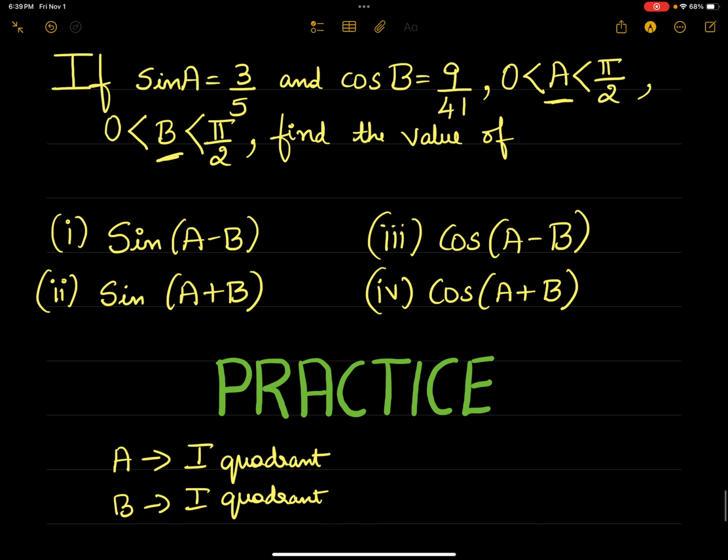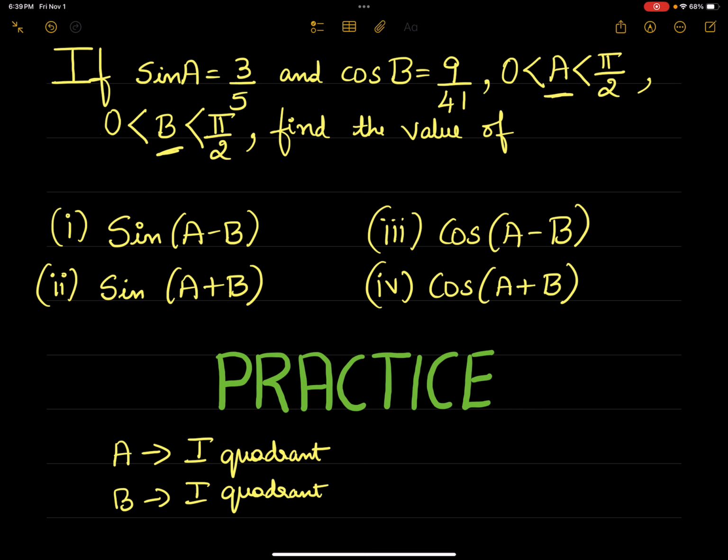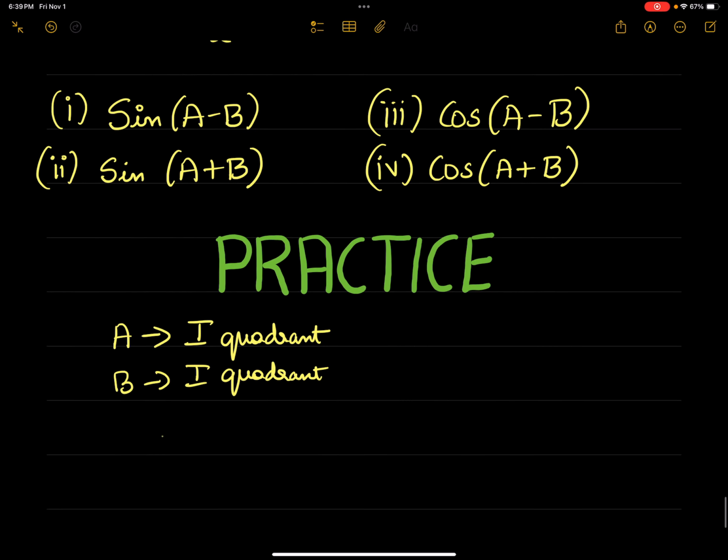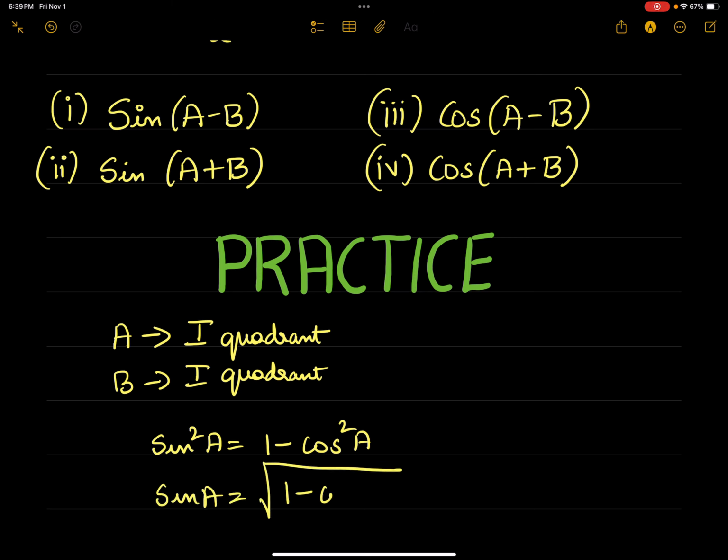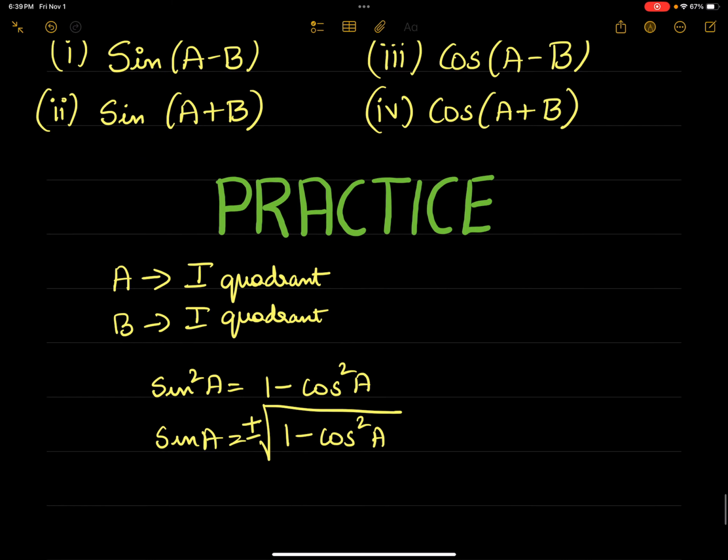So the reason to identify this information is that when we apply trigonometric identities, we have to choose between the positive or negative value. For example, we know that sine square A is equal to 1 minus cos square A. Now sine A would be equal to the square root of 1 minus cos square A. So the square root can be plus or minus, correct?